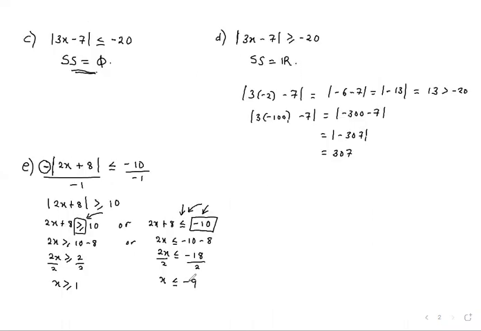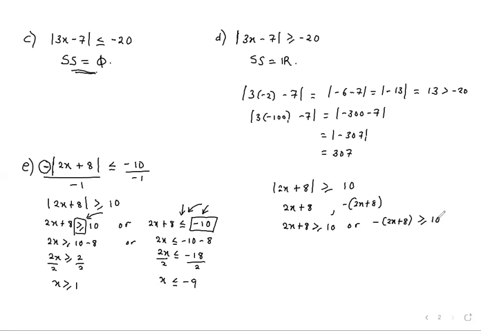Okay. So the meaning of option 2 is that when you say 2x plus 8 is greater or equal to 10, the modulus is defined in two ways. You have it as a positive, you also have it as a negative. So you can choose to fix the 10. So you say 2x plus 8 is greater or equal to 10, or negative 2x plus 8 is greater or equal to 10.